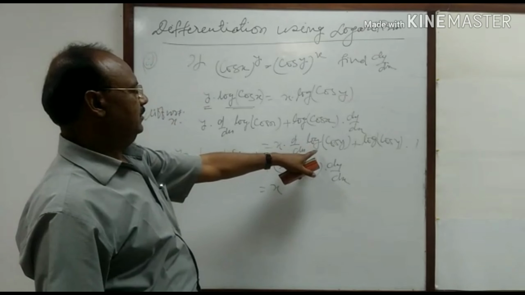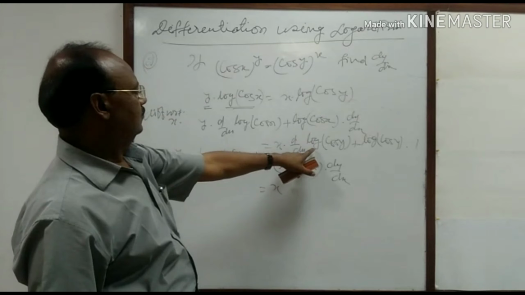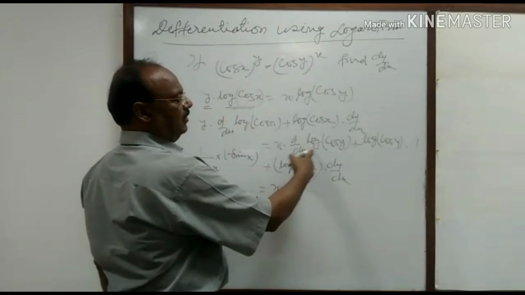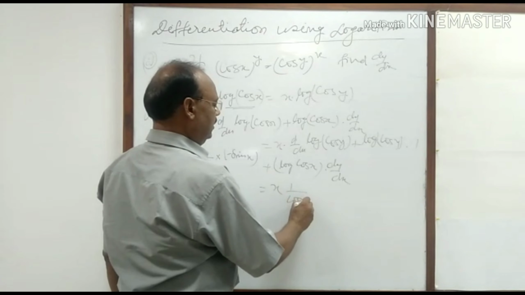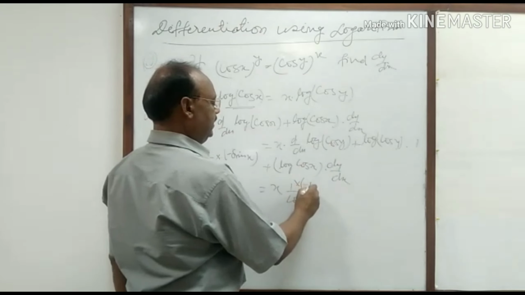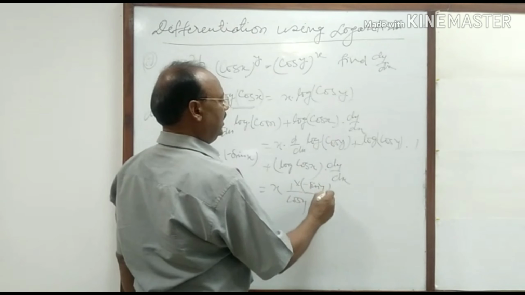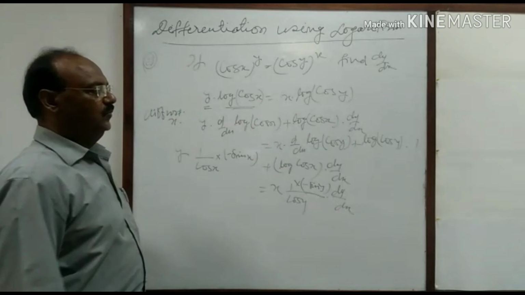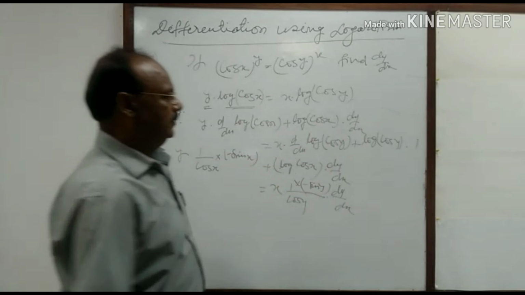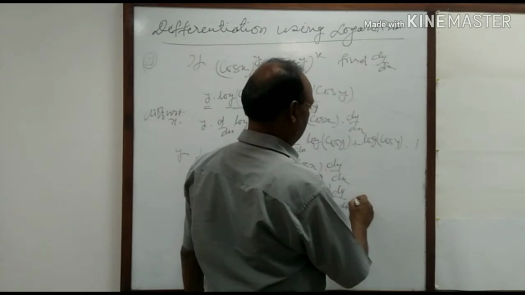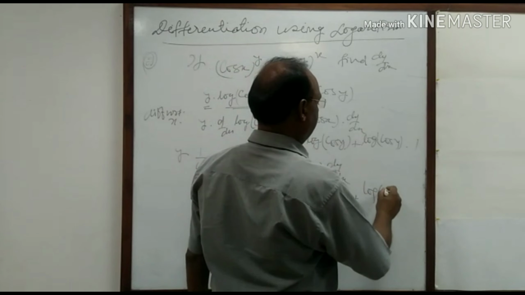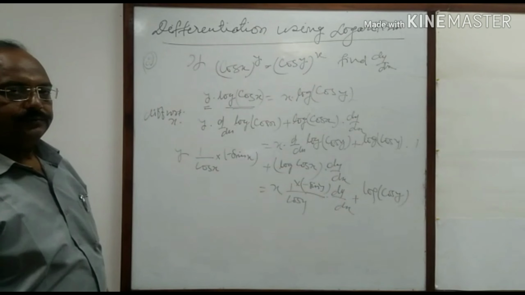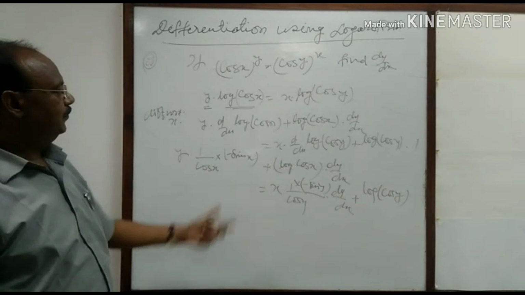Here also we have to differentiate with respect to x. Derivative of log cos y will be 1 upon cos y, and into derivative of cos y, which is minus sin y, and we will write here dy by dx, derivative of y with respect to x, plus log of cos y into 1. I hope this is clear.